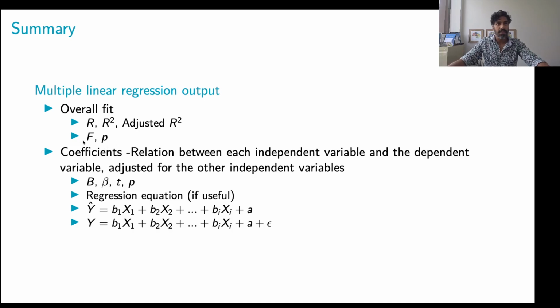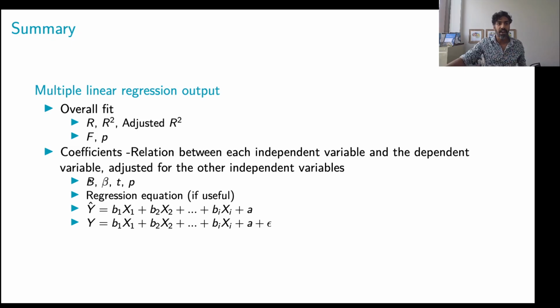The F and p values of our ANOVA tests compare the fit of the model. The coefficients give the relation between each independent variable and the dependent variable after adjusting for the other independent variables. That's key, right? The interpretation changes based on the covariates you include in your model. In the adverts example, we saw how that effect reduced when we adjusted for other variables.